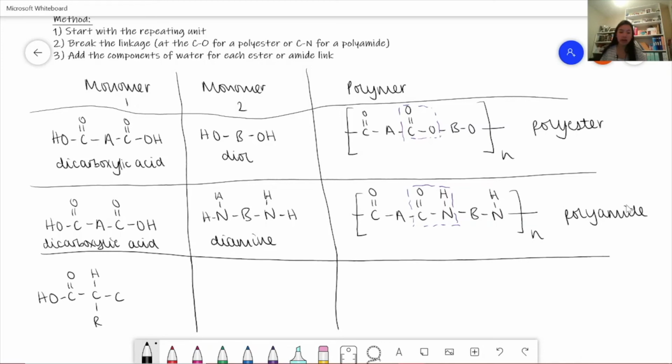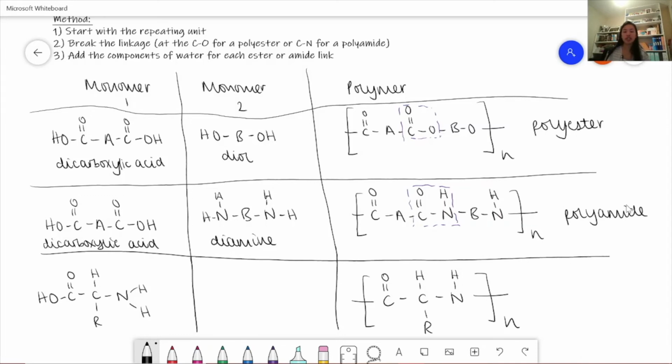And then this is the amine bit of it. So because amino acids have a carboxylic acid bit and also an amine bit, we don't need two monomers to form a polymer. And so this also creates a polyamide, but its repeating unit is a bit different, because we're only using one monomer.